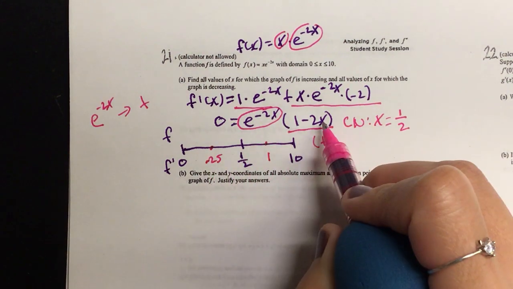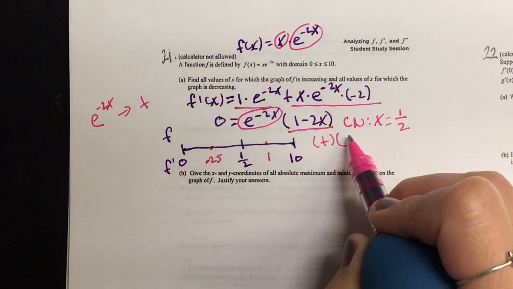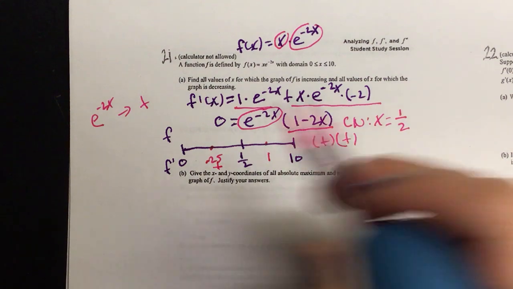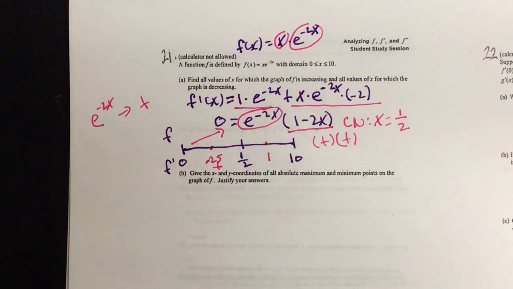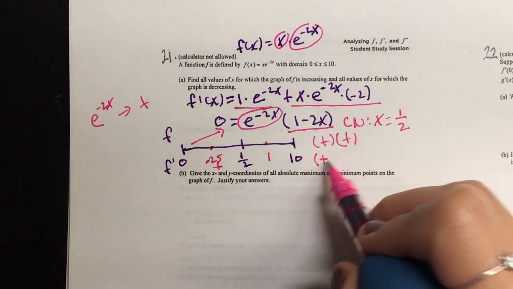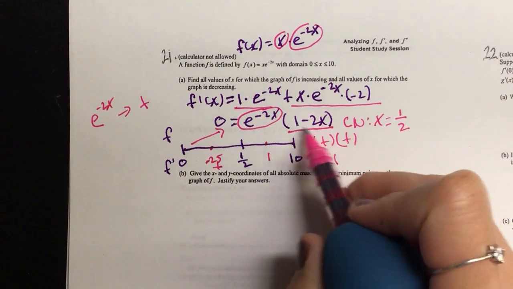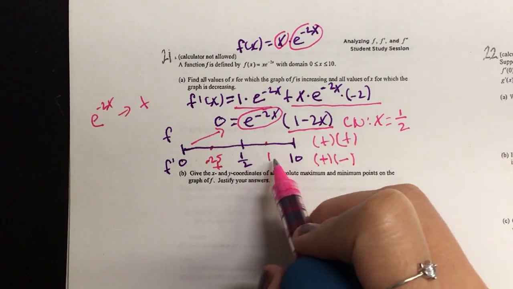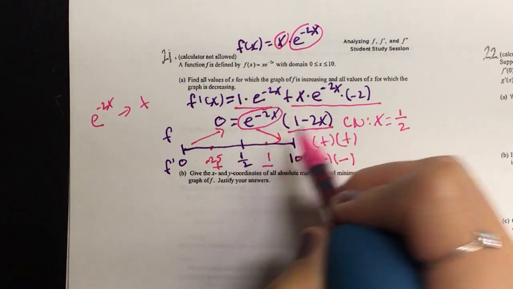But if I plug in the 0.25 in here, it's going to be another positive. So because it is positive at this interval, the graph is going up. Let's test the 1. E to the whatever is always positive. When I plug in the 1, I'm going to result in a negative. So we have a negative, meaning the graph is going down.